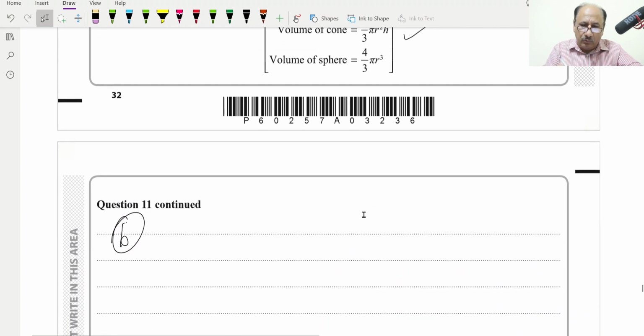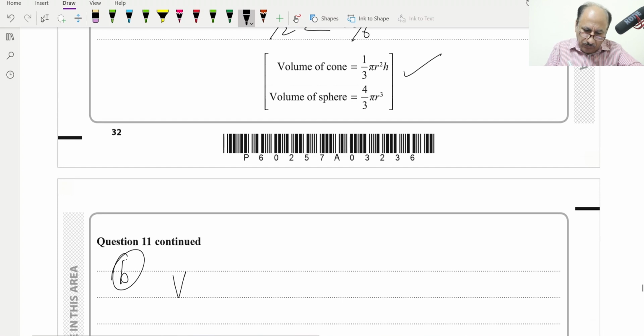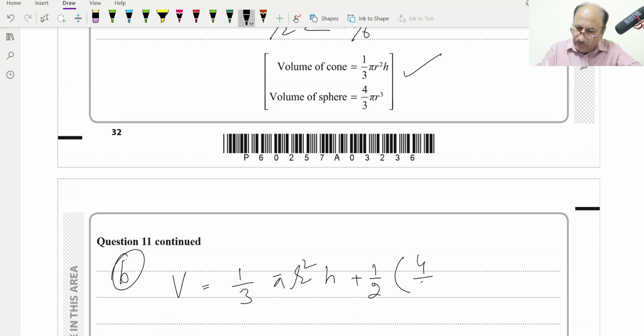So the total volume of the toy will be equal to the volume of the cone plus the volume of the hemisphere. The volume of the cone is 1 by 3 pi r squared h, plus the volume of the hemisphere, which is 1 by 2 of 4 by 3 pi r cubed.